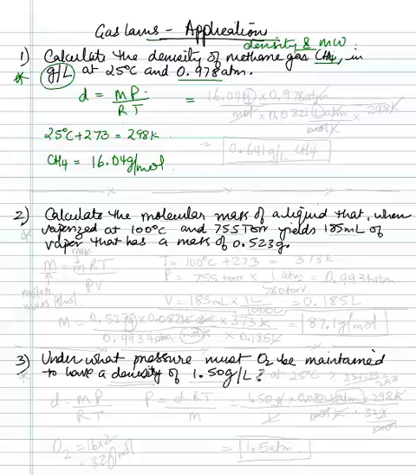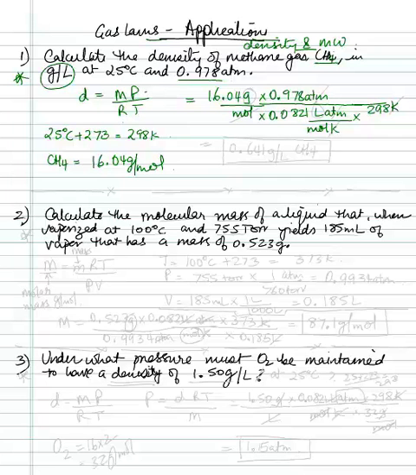So now just plug in all the numbers. Molar mass is 16.04 grams per mole times the pressure, which is 0.978 atmosphere, and this is divided by R, which is 0.0821 liters atmosphere divided by mole Kelvin, and then the temperature is 298 Kelvin.